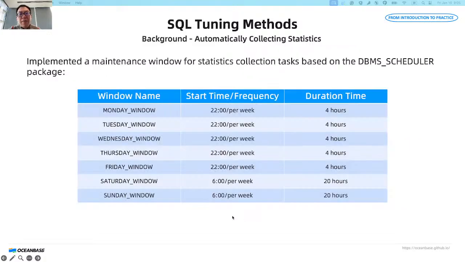In addition to manual collection, the OceanBase database optimizer also uses a maintenance window to automatically collect stats daily. This ensures that stats information remains up to date without requiring manual intervention. The OceanBase optimizer defines 7 automatic stats collection tasks from Monday to Sunday.